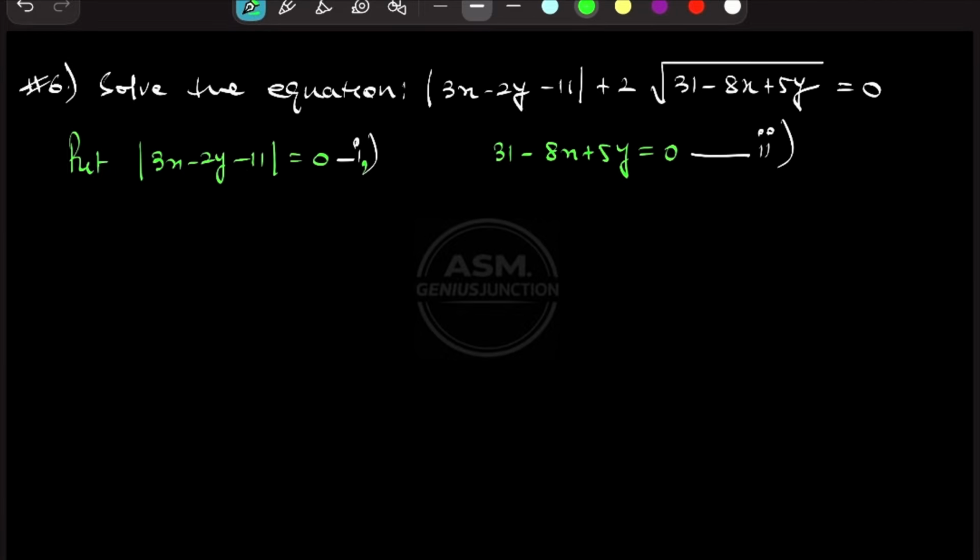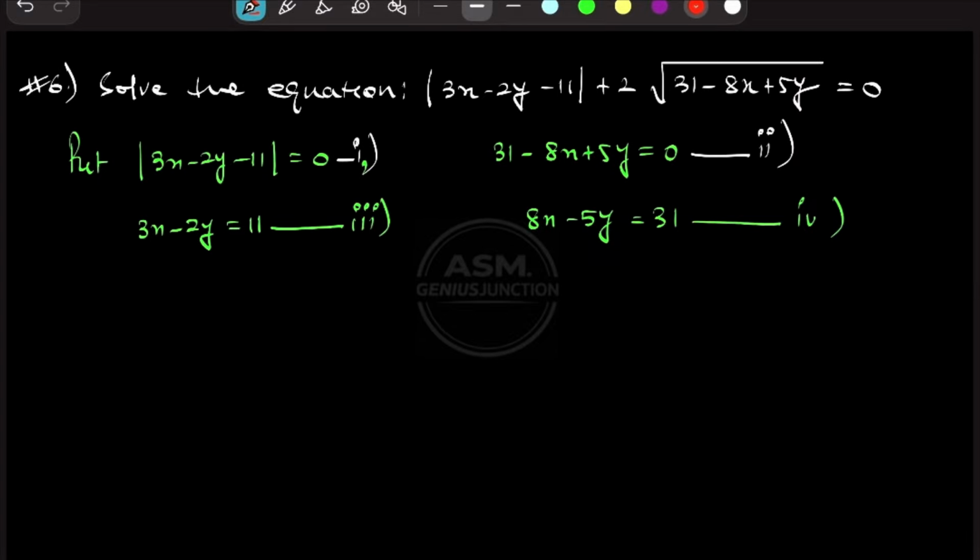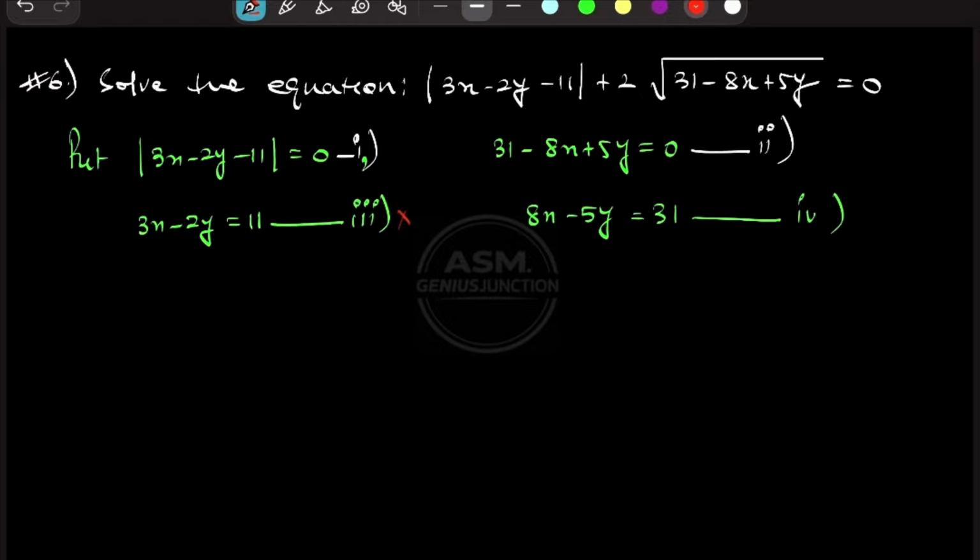When I will solve, I can write it as 3x minus 2y equals 11. Okay, and when we are multiplying equation number 1, that is equation number 3, by 5, and I am multiplying equation number 4 by 2 to get the final answers.